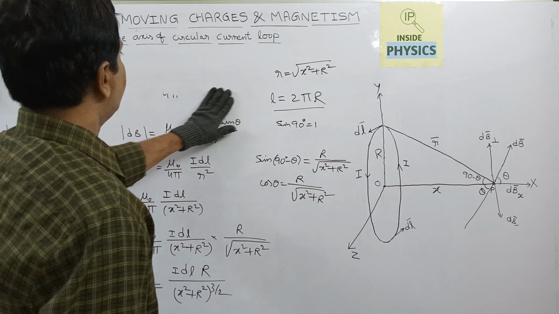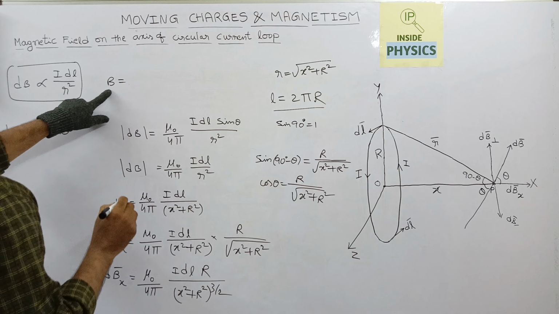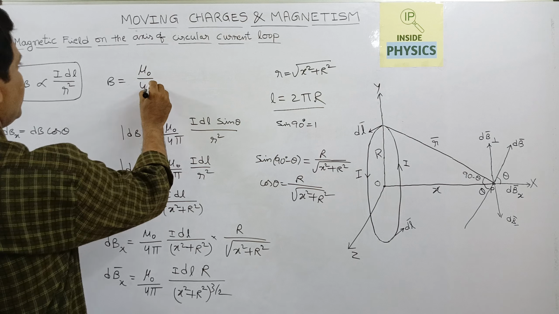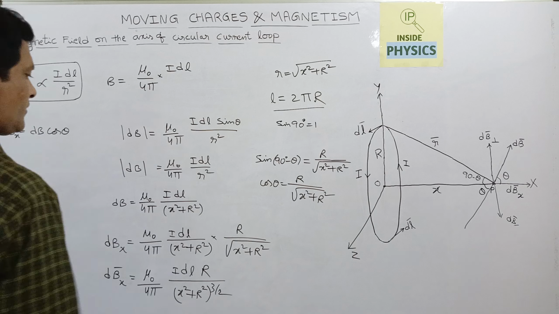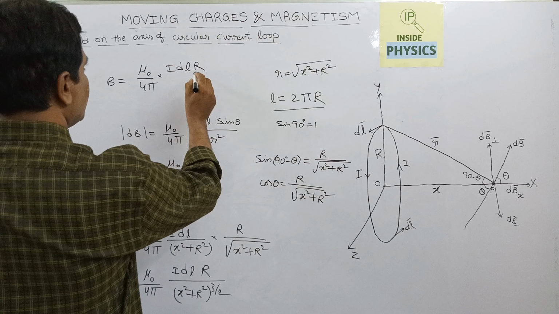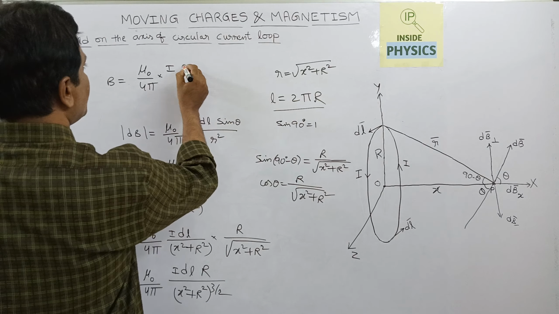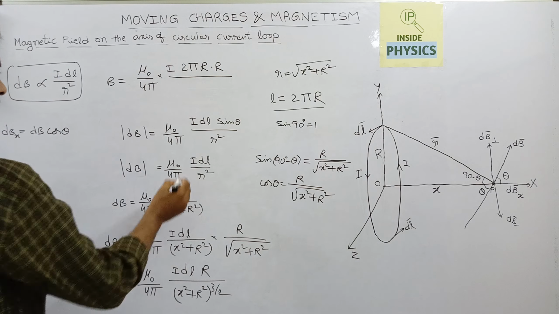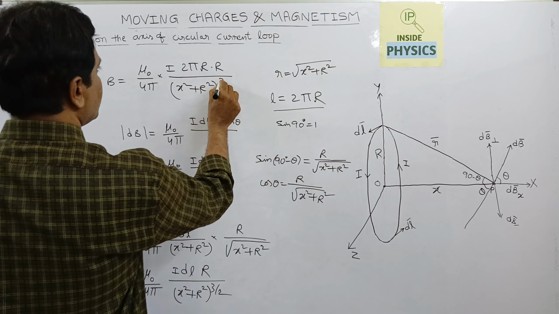So the equation becomes, B is the total magnetic field, equal to mu naught by 4 pi, I dl r, sorry, we need to put in place of dl, 2 pi r into r by (x square plus r square) whole power 3 by 2.